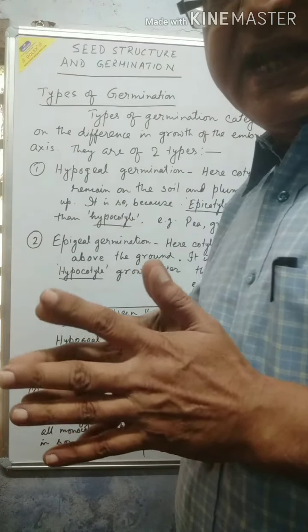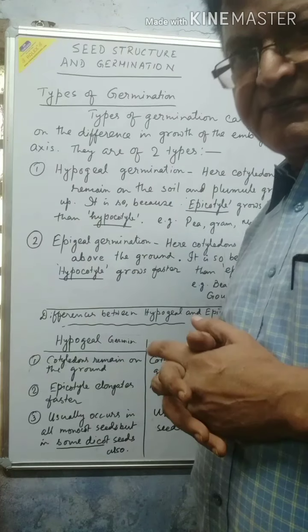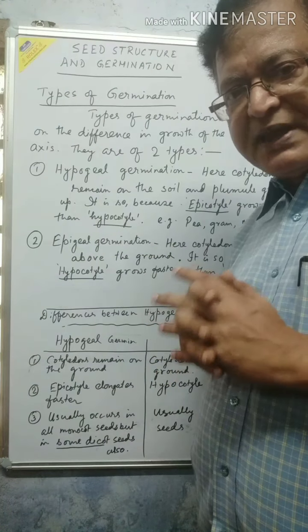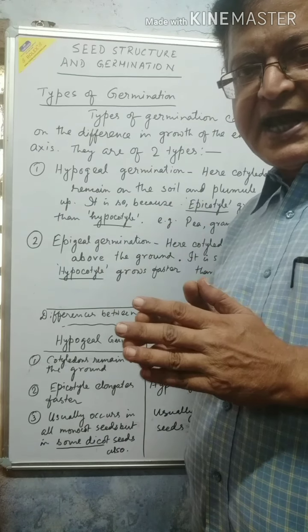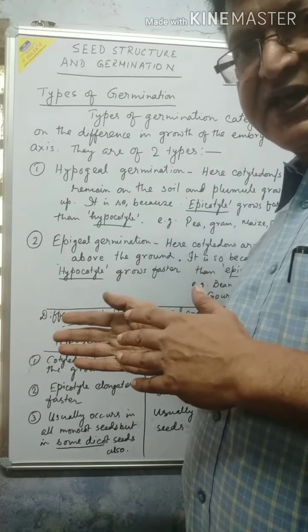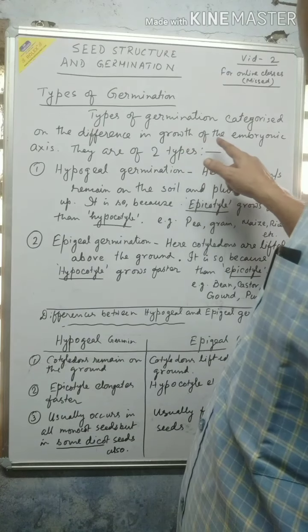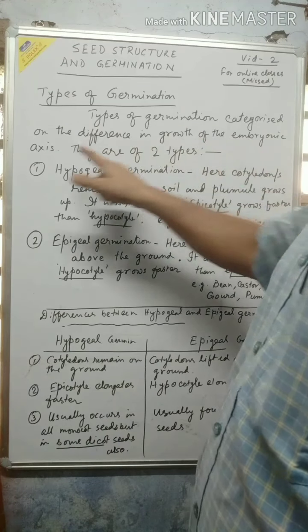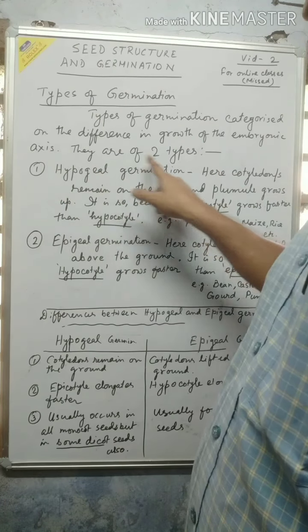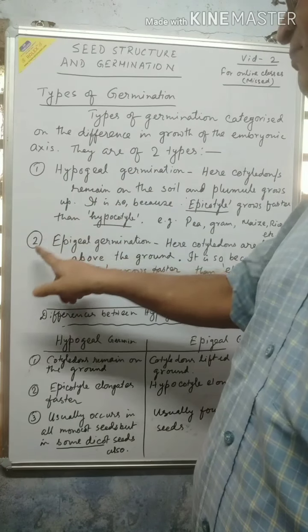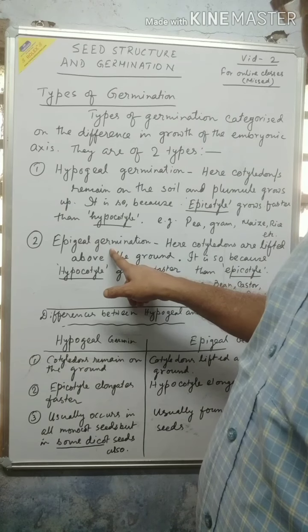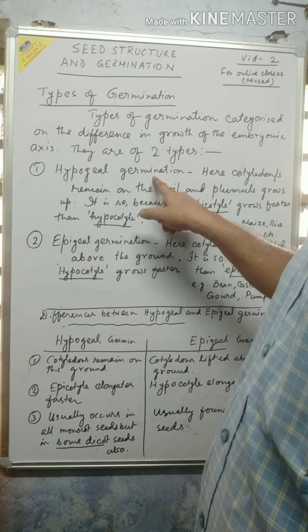Remember, any kind of typification is always based on some criteria, and the criteria in this typification is the difference in growth of the embryonic axis. There are two types. Number 1, hypogeal germination. Number 2, epigeal germination.